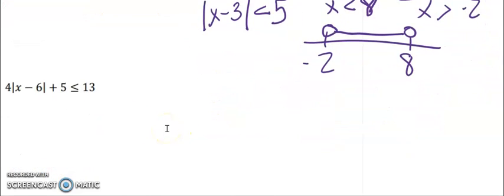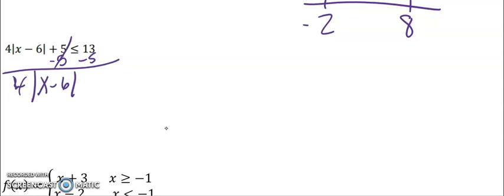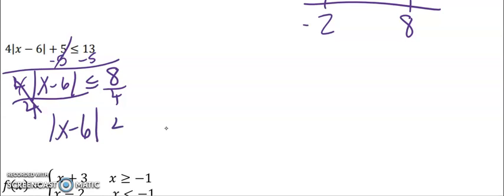Make sure that you move everything to one side, okay? Absolute value has to be alone, but how you move it, what you move first, makes a difference, okay? You always move the thing furthest away from the x first.